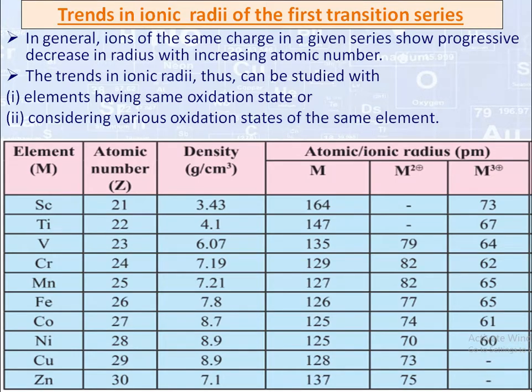Then it is very hard to remove the second electron from the element, so it requires more energy to remove that electron. So as the oxidation number increases, the ionic radii also decreases.